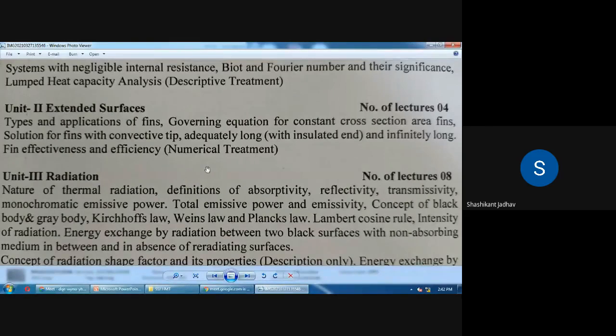But this approach may or may not be possible or practical. In some cases we can use it, but in some cases it will be problematic.